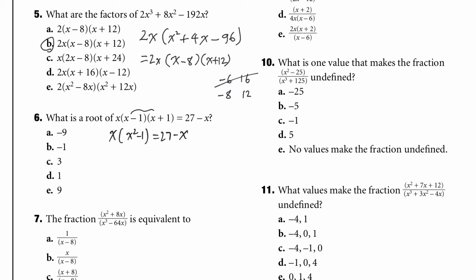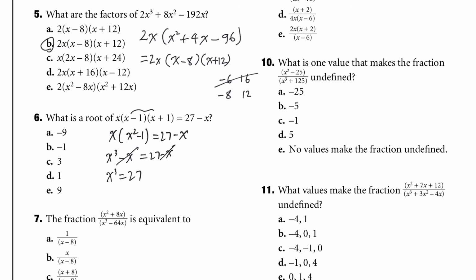And I'm going to expand the brackets. So x cubed minus x. And you'll notice that I have negative x's on both sides, so I can cancel these out. And then I have x cubed is equal to 27.